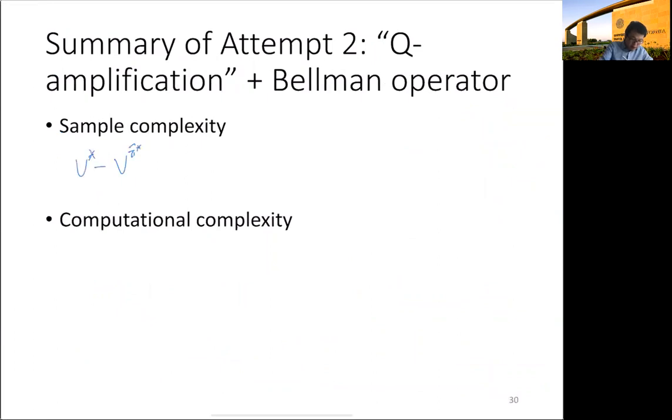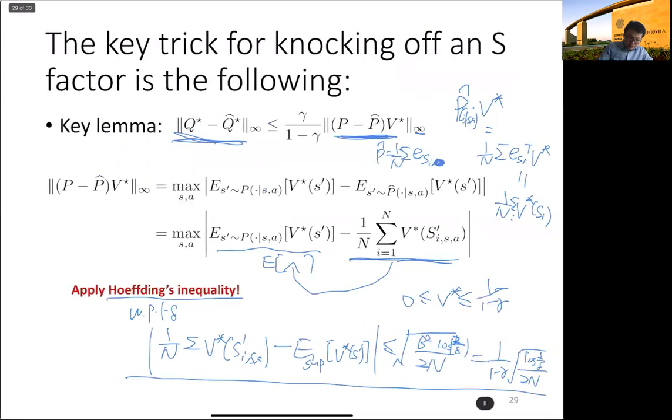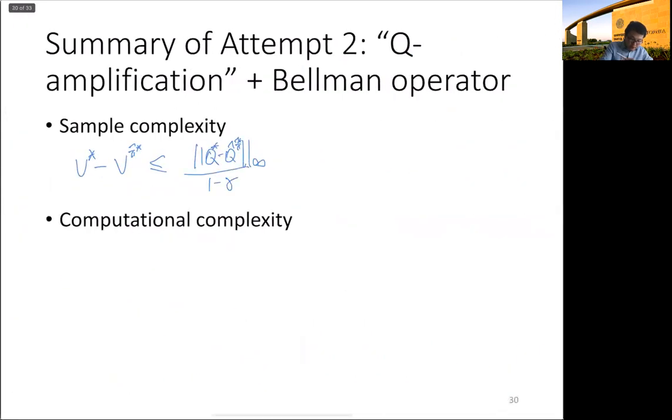V star minus this is smaller than the L infinity norm of Q star minus Q hat pi hat star, over 1 minus gamma.